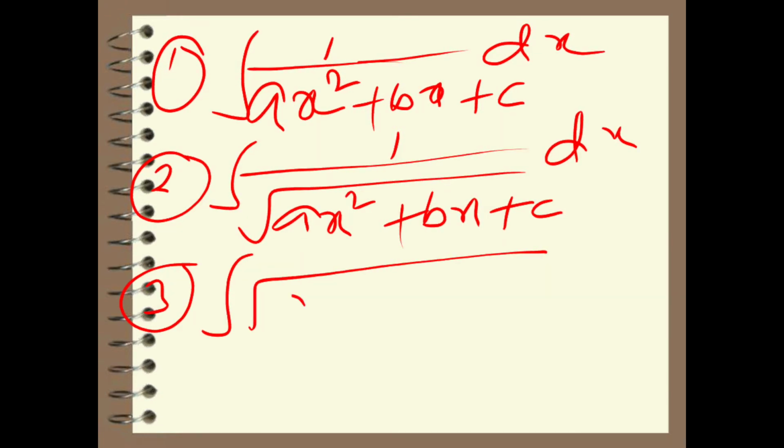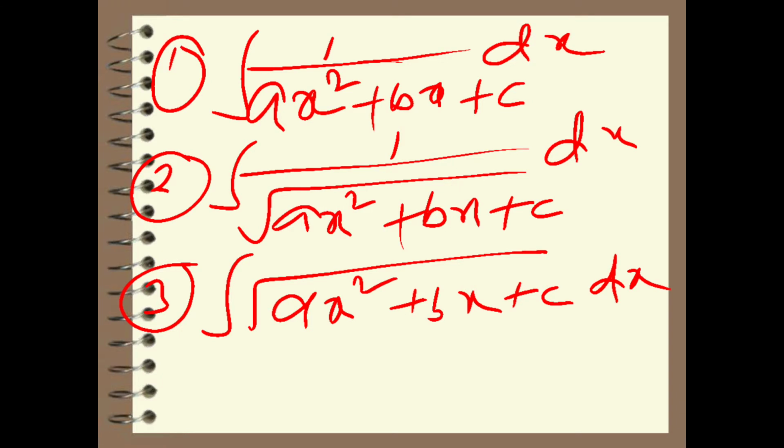And the third is root ax square plus bx plus c into dx. Okay, first one is integration of 1 by ax square plus bx plus c into dx. Second one is integration of 1 by root ax square plus bx plus c into dx. Third one, integral root ax square plus bx plus c into dx.